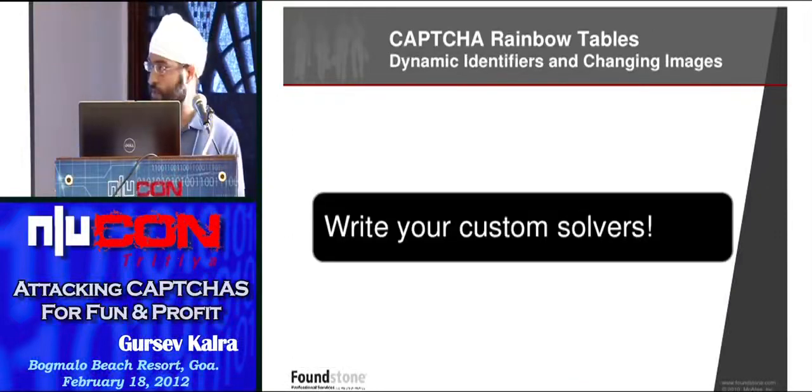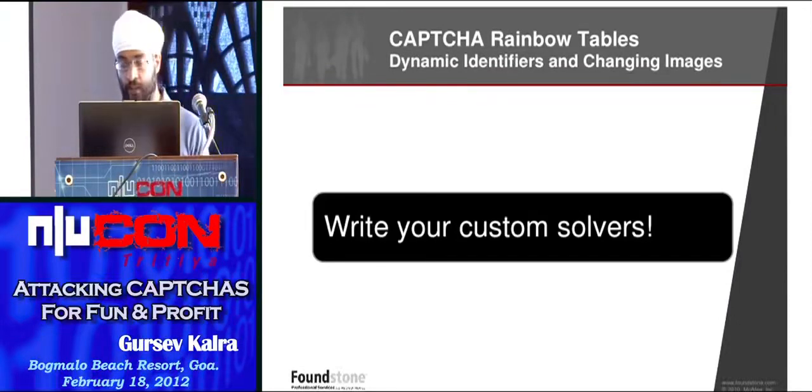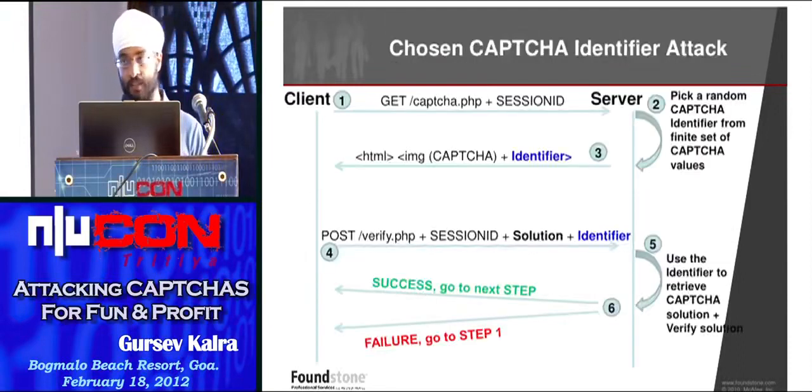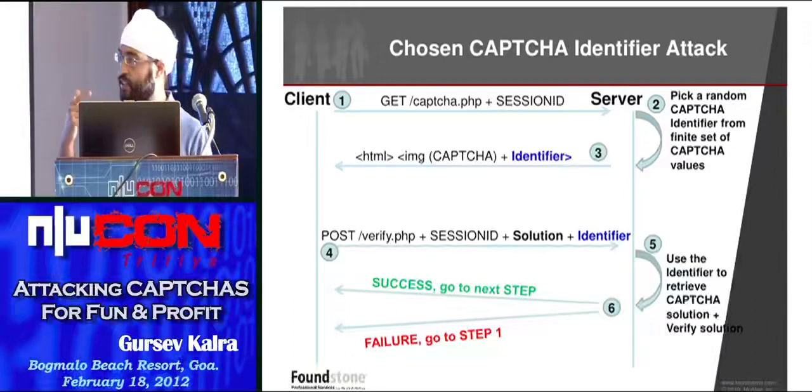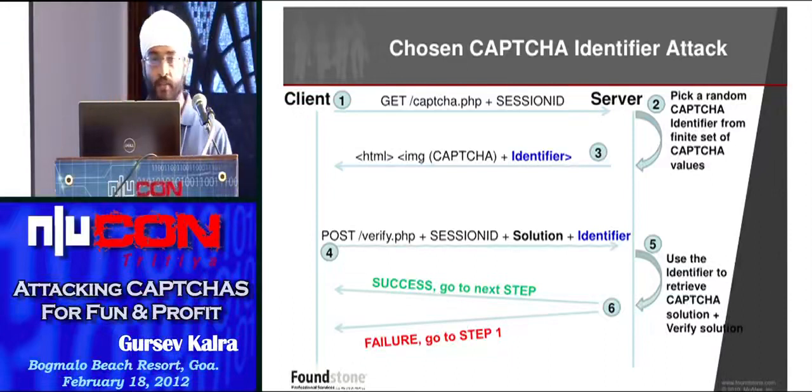Let's talk about the chosen CAPTCHA identifier attack which you were discussing. What happens is this: the request goes to the server, which says get me the CAPTCHA and this is my session ID. This session ID is what the individual got from the register page, the very landing page.